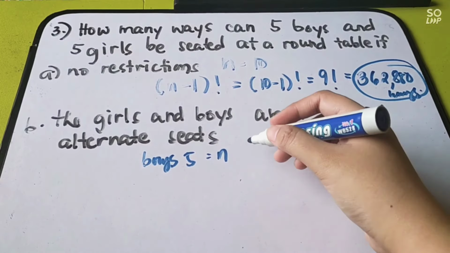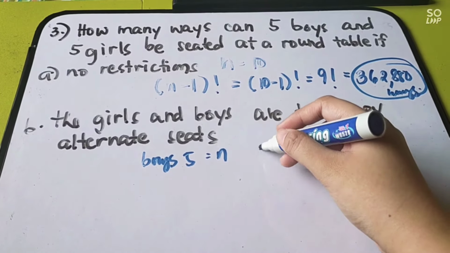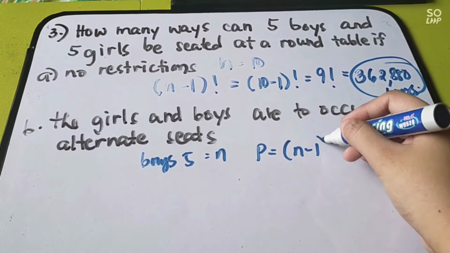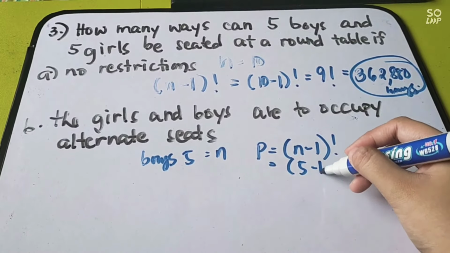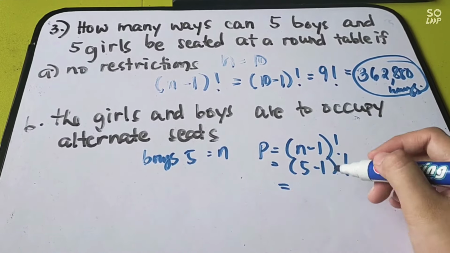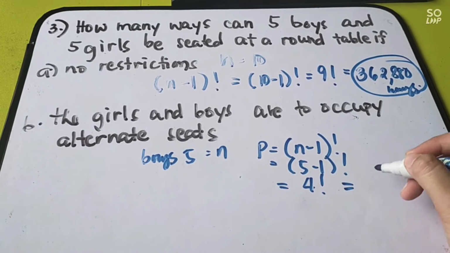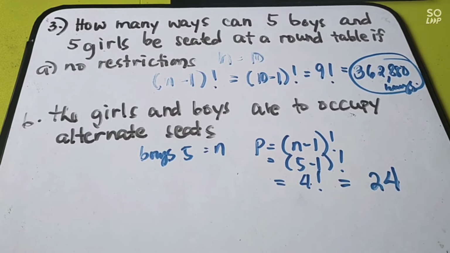To find the permutation of that in a round table, we have P is equals to n minus 1 ulit, factorial. So, we have 5 minus 1 factorial. The answer here, 4 factorial is equal to 24. So, si boys ay 24 ways.